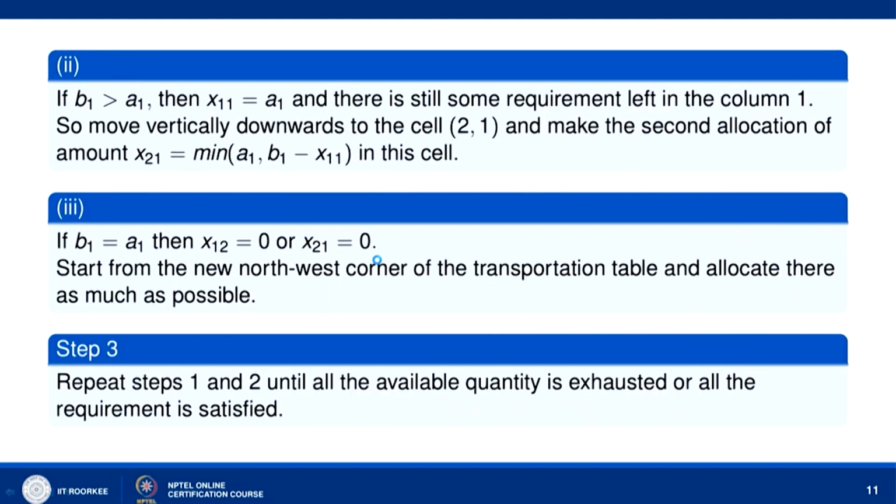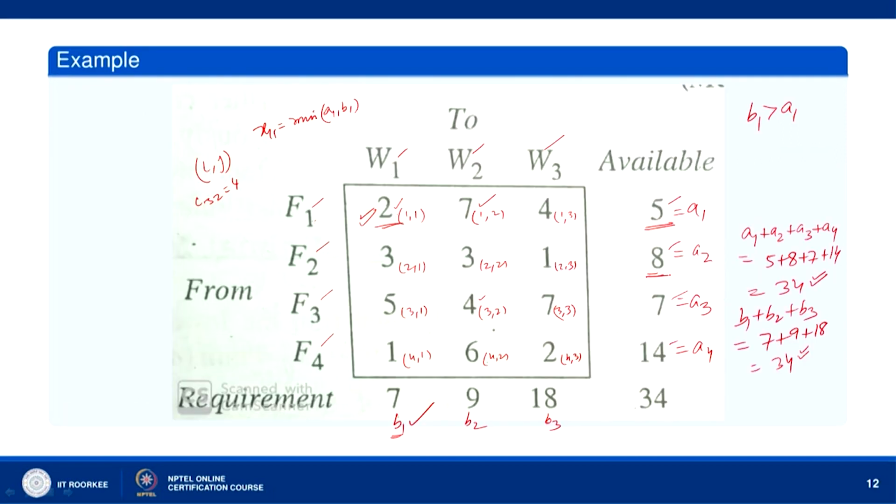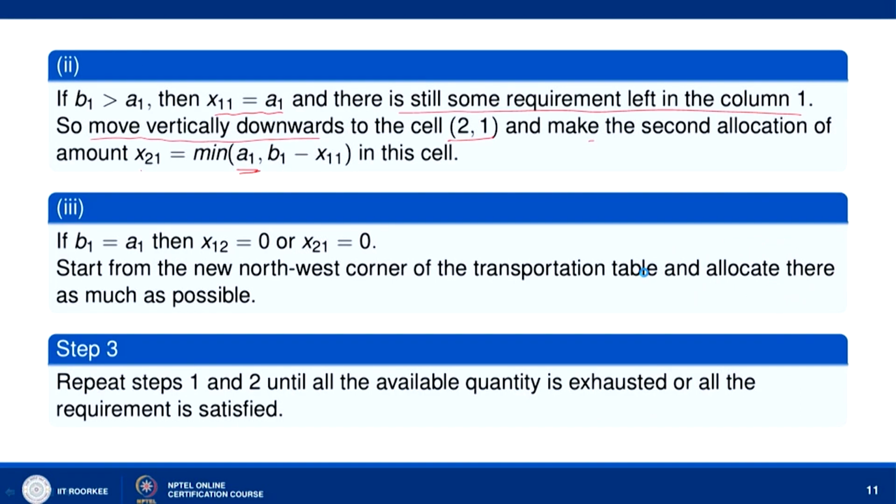So, if B1 is greater than A1, then x11 will be equal to A1, and there is still some requirement left in column 1. So, move vertically downwards to cell 2 1 and make the second allocation, x21 equal to the minimum of A2 and B1 minus A1, because A1 we have already allocated.